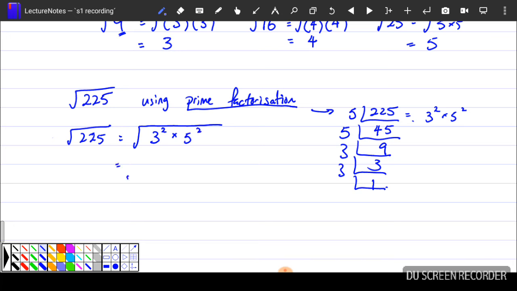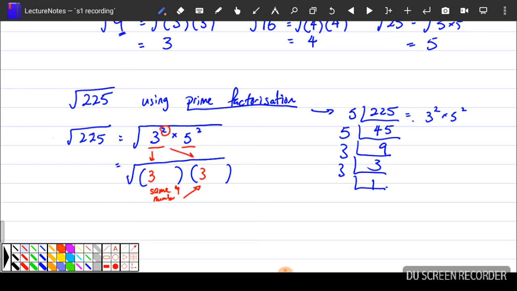Now, if I want square root, it means I can put in 2 brackets and this will be the same number, right? This is the same number for this and this. So how do I split this number so that I can have the same number here? Square means there is 2 3's there, right? So which means I can have 3 and 3.